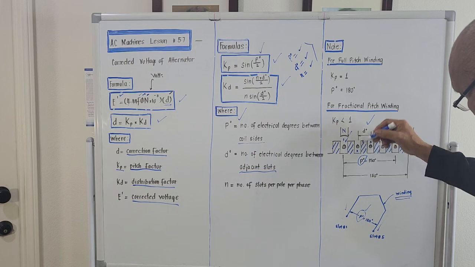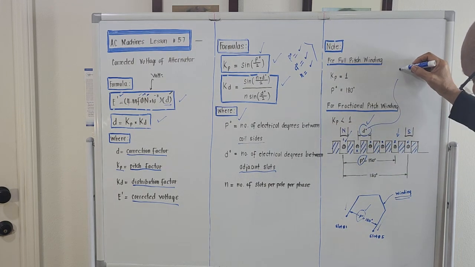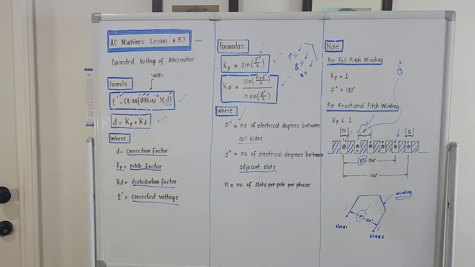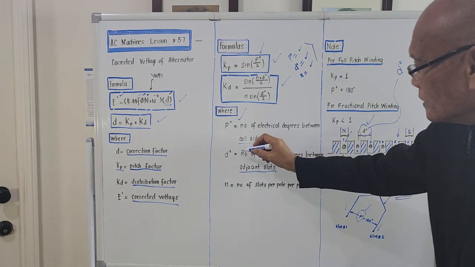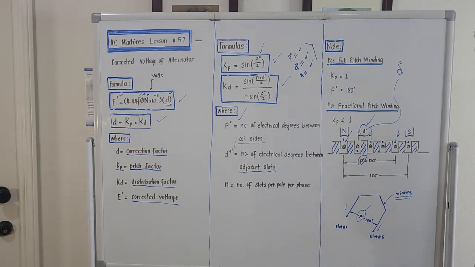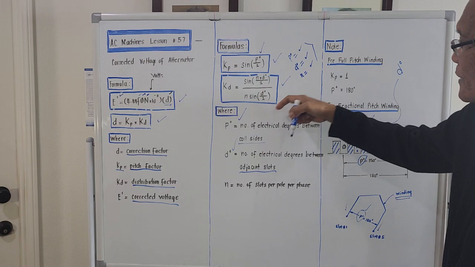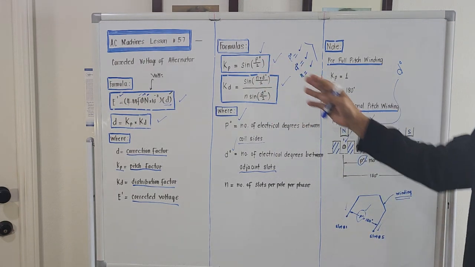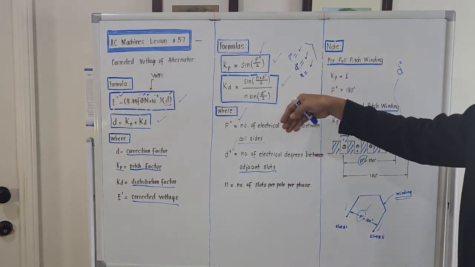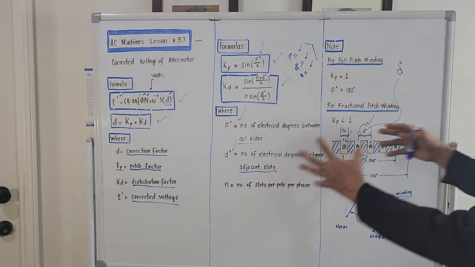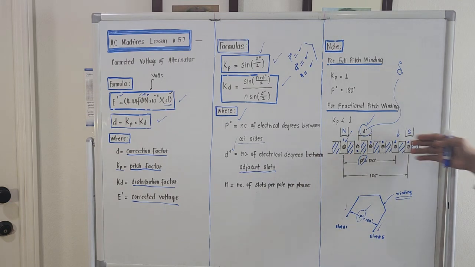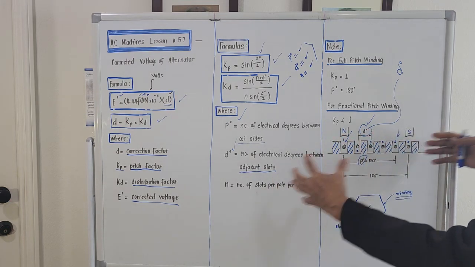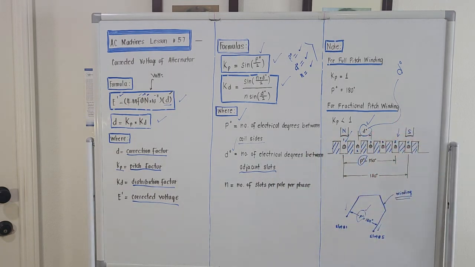The number of electrical degrees between slots is termed as D degree, small letter d with the degree symbol. So we now know P degree and D degree, the ones we use in these formulas. When using these formulas, try to imagine these values from the physical appearance of the alternator. That's why I have drawn this physical appearance of the alternator frontally.